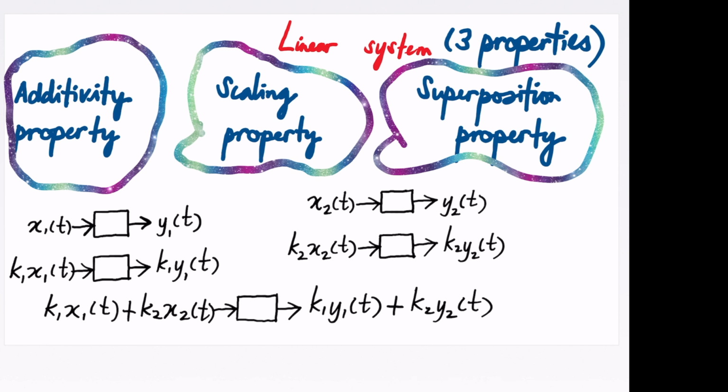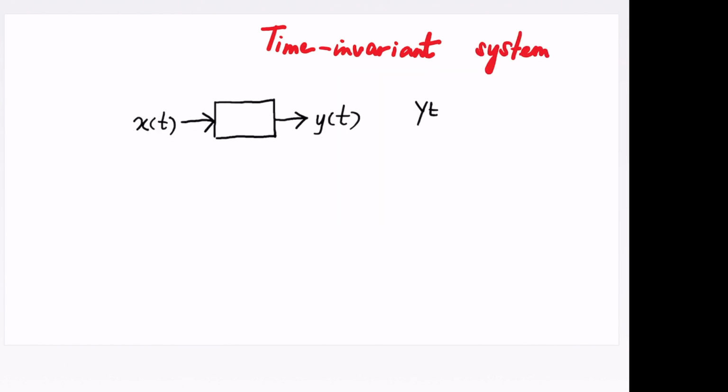What is a time invariant system? A system is called time invariant if the behavior of the system does not depend on time t.